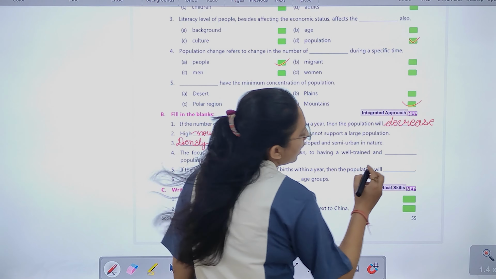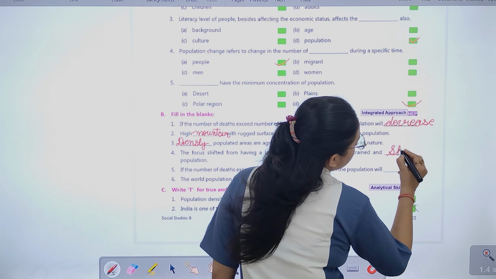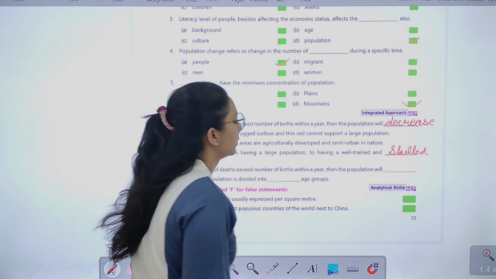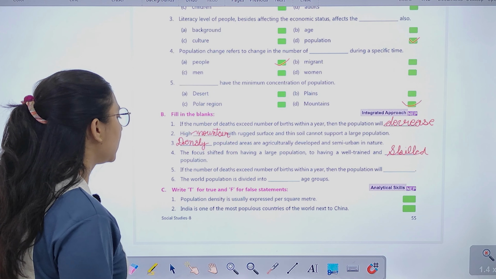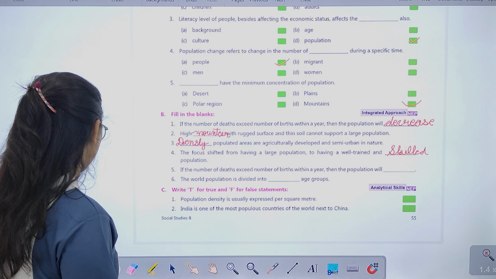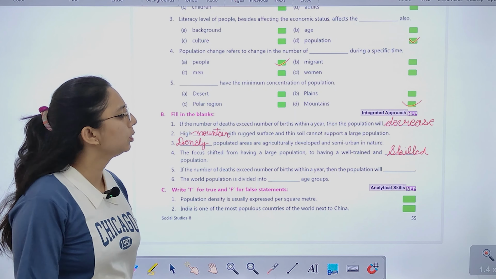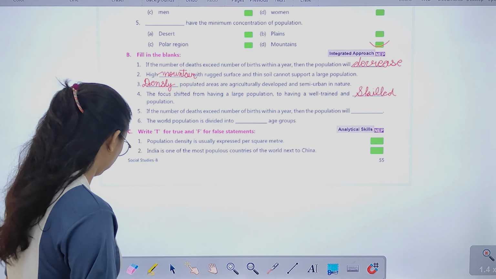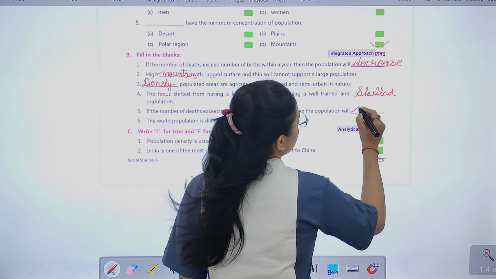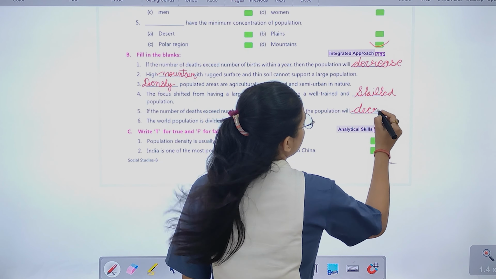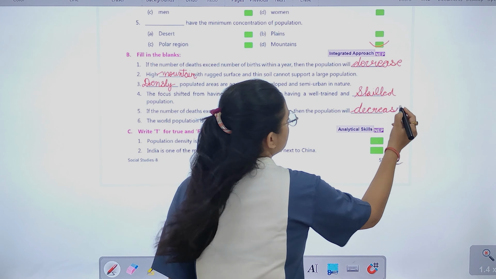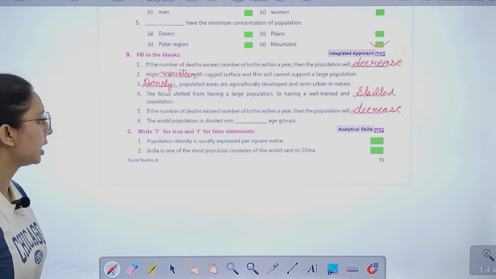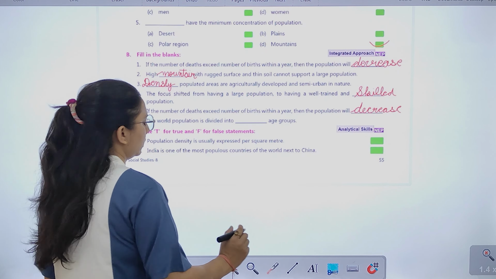Well trained and skilled. If the number of deaths exceeds the number of births, the population will decrease. The world population is divided into dash age group, different age groups.